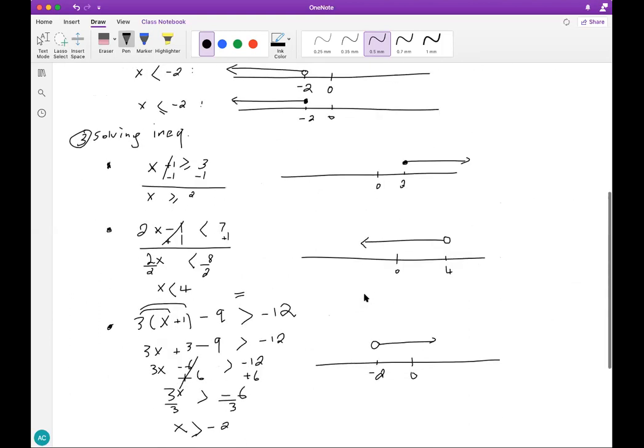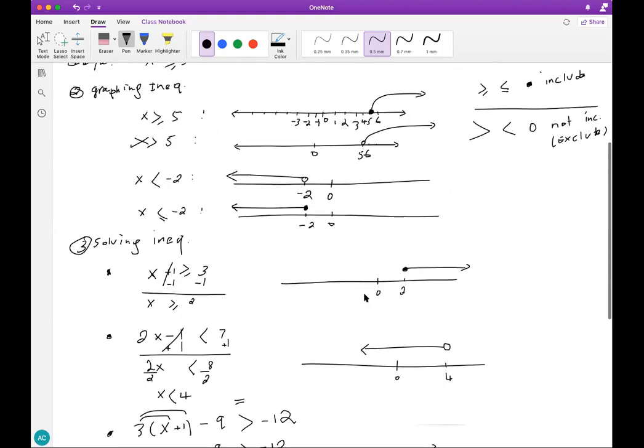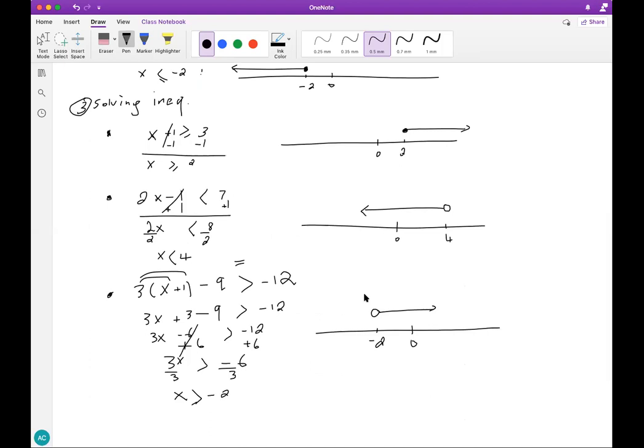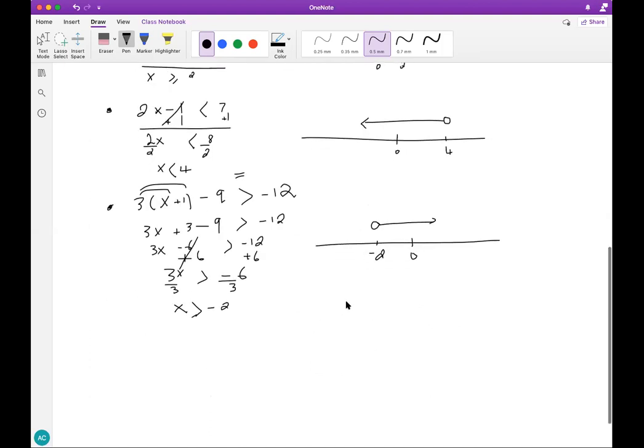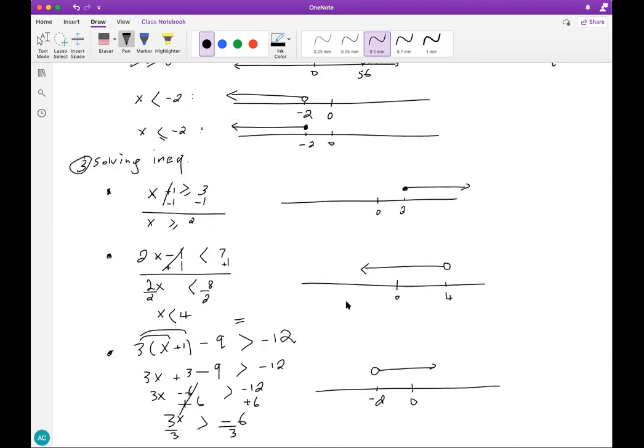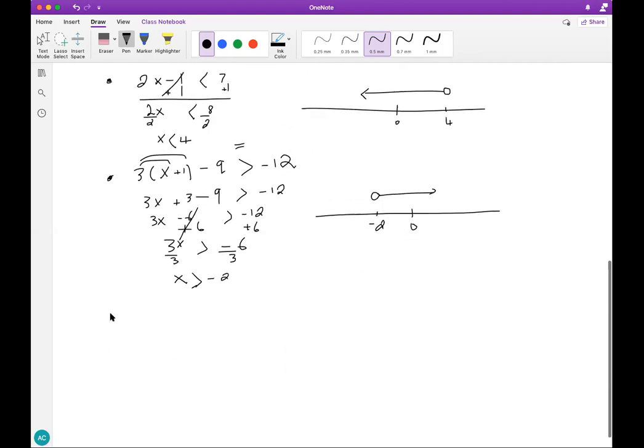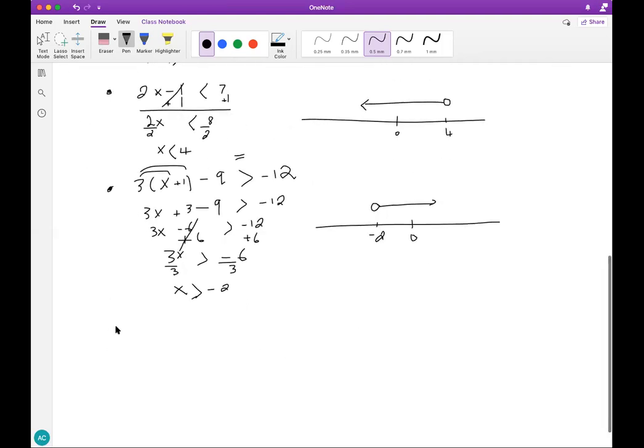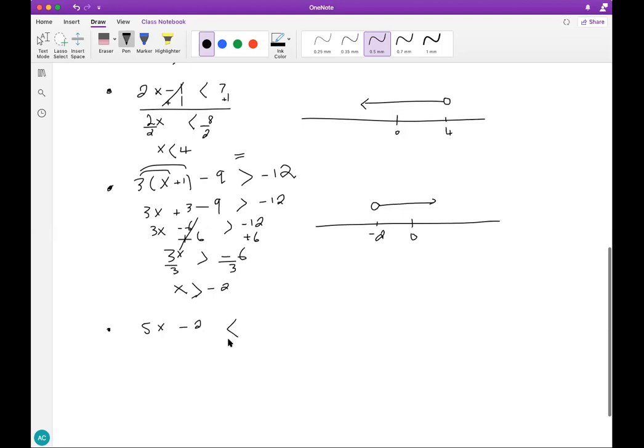And these are all the possible scenarios you may see. And the rest is pretty much, like I said, similar to solving equations. Let's do one more example here. Sometimes, just like with equations, you may have x's on both sides.